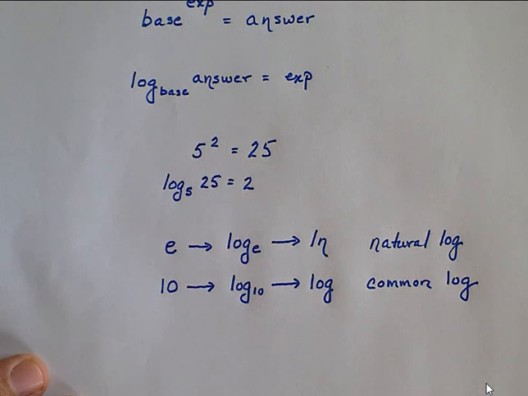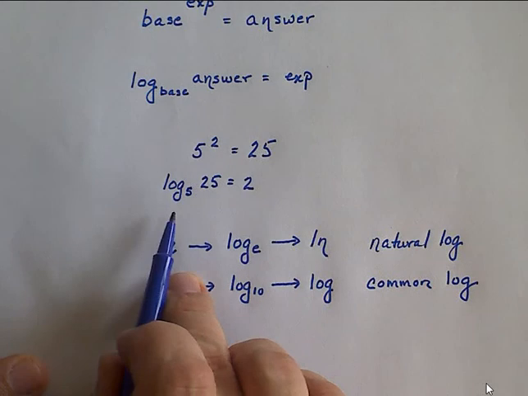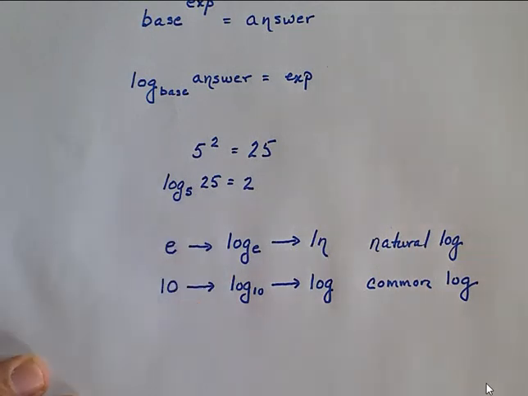All of the other bases that we might create, for example, up here where we have log base 5, you can't do that by itself on a calculator. There is a formula that we can use to adjust, adapt, and modify it, but the calculator will only do log base e and log base 10, natural log and common log.